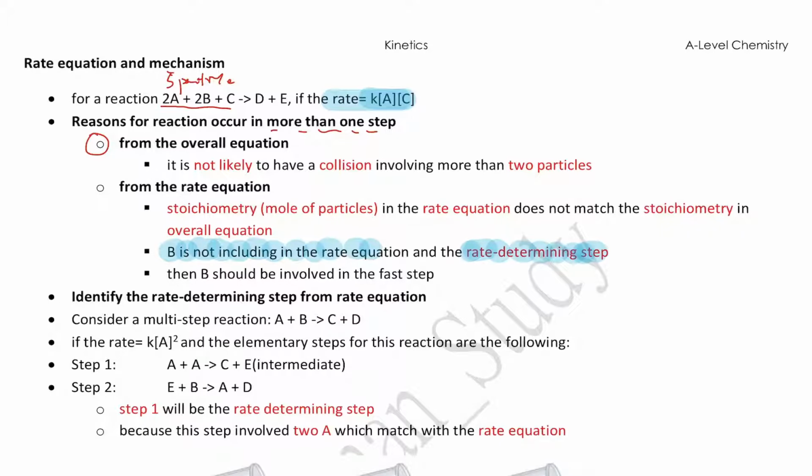Therefore, you have to decide on another step to include B. So the moles of particles in the rate equation cannot match the overall equation, and therefore there should be more than one step in the overall mechanism.